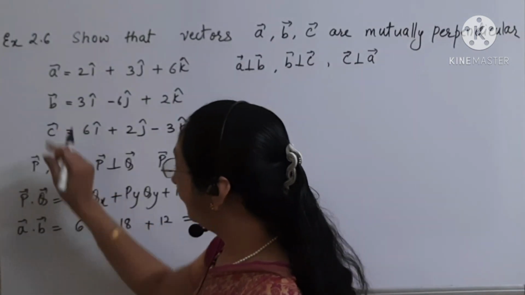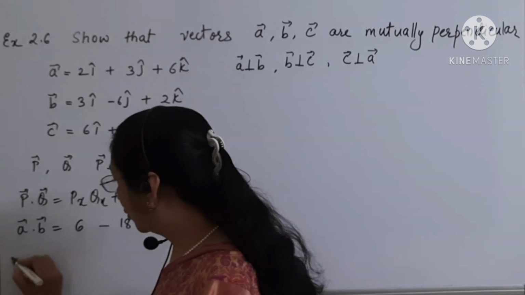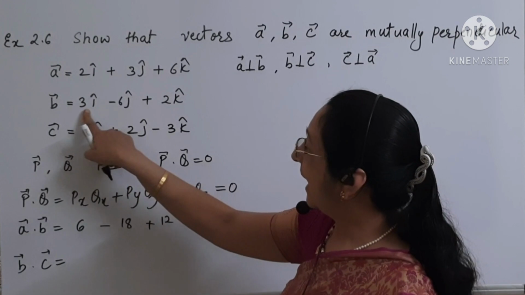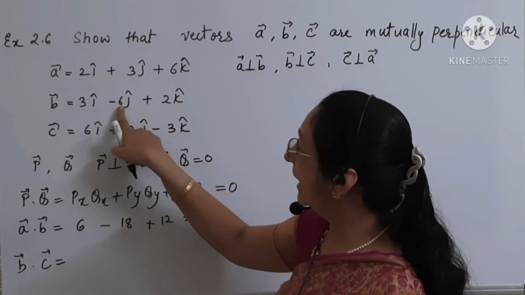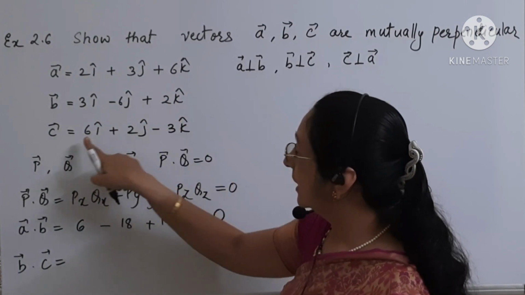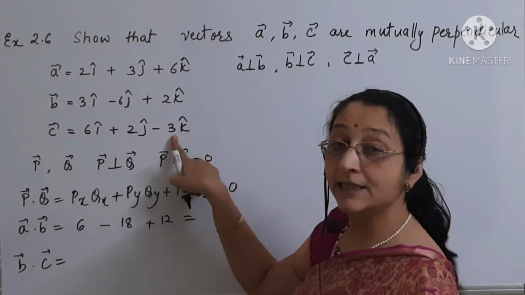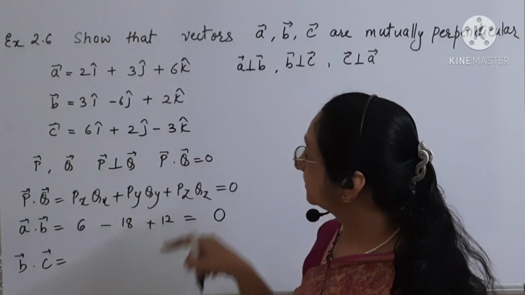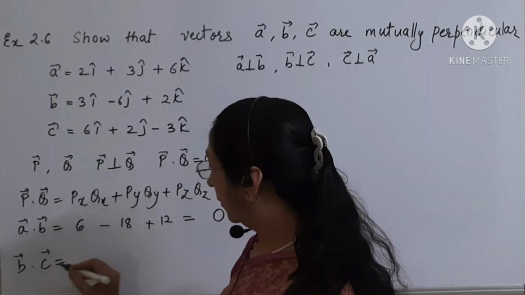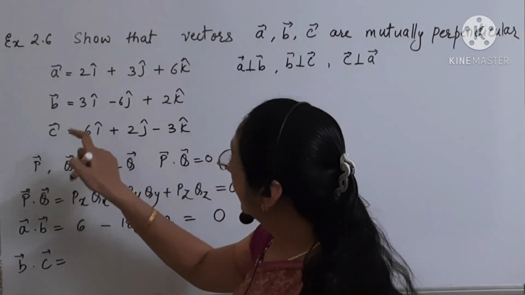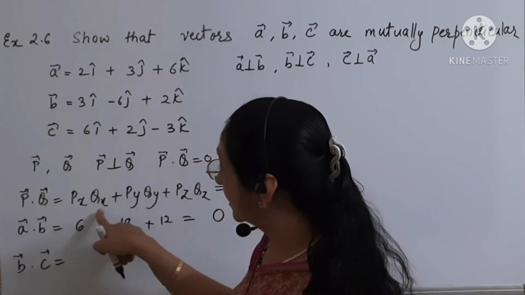Next, we have to show B dot C is equal to 0. Bx is 3, By is minus 6, Bz is 2. Cx is 6, Cy is 2, Cz is minus 3. So B dot C is again Bx Cx plus By Cy plus Bz Cz, like Px Qx.